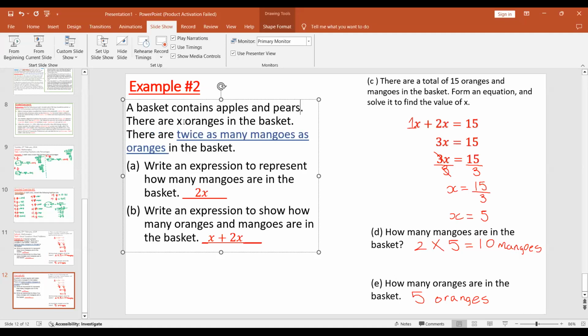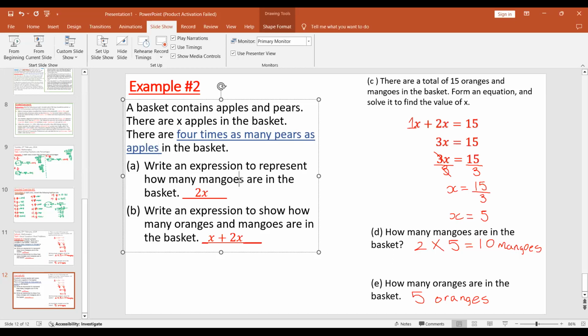All right, there are x apples in the basket, and there are 4 times as many pears as apples.